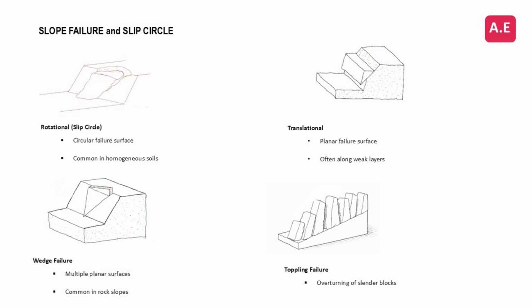Next is translational failure, where a block slides out along a weak, planar layer, like a bedrock surface or a thin clay seam. In jointed rock, we often see wedge failure, where movement occurs along two intersecting planes. And finally, toppling failure, where slender columns of rock or soil rotate forward and collapse.